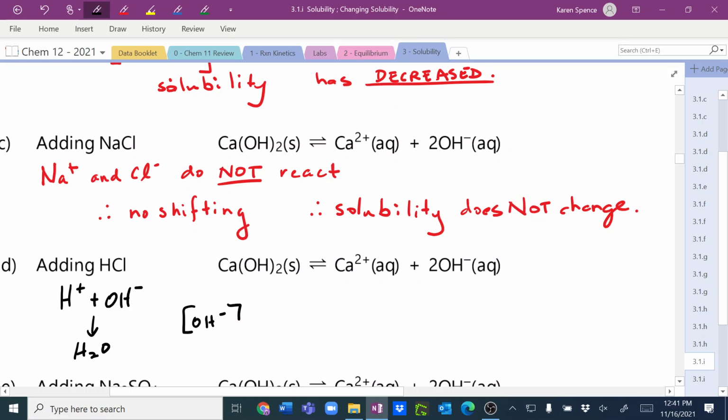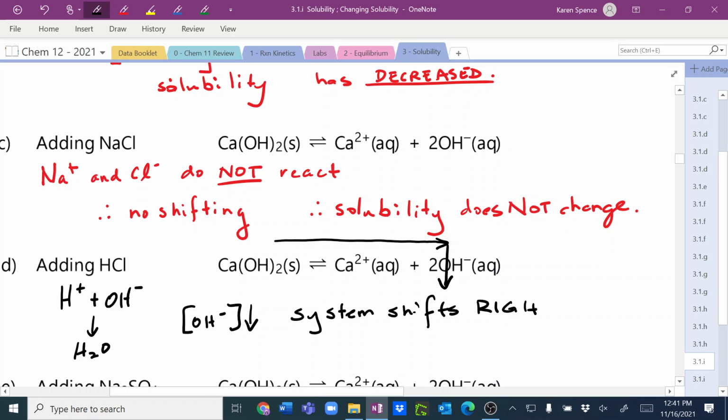Concentration of OH- decreases. Therefore, the system shifts to the right. And what happens to our solubility? It increases.